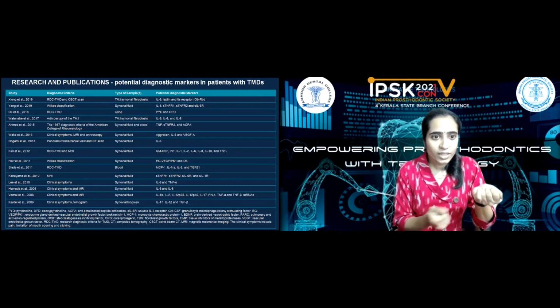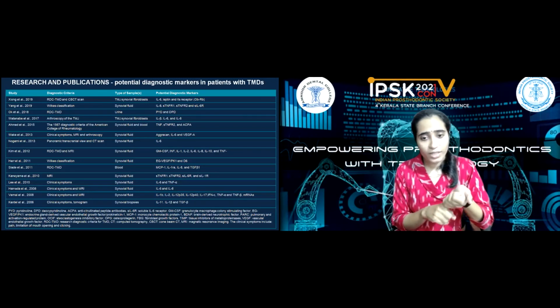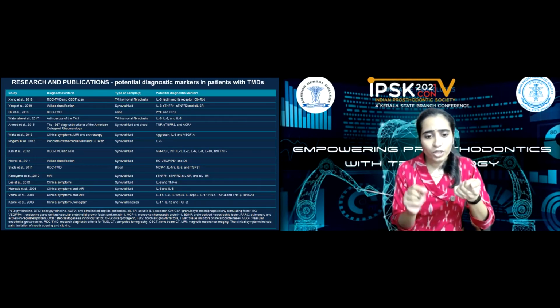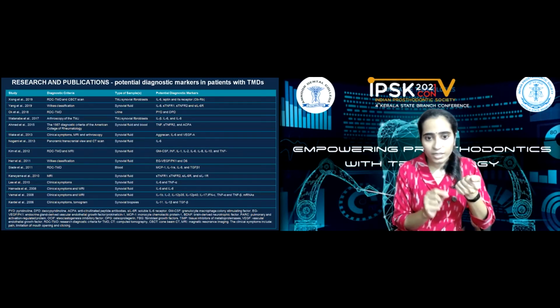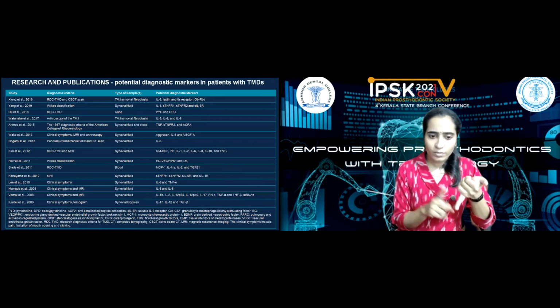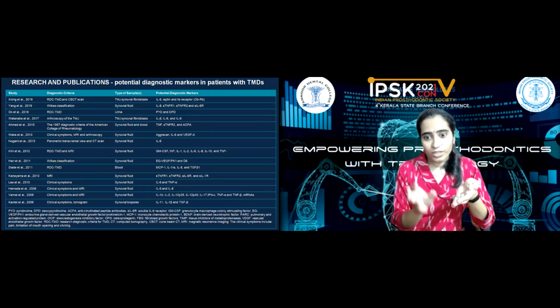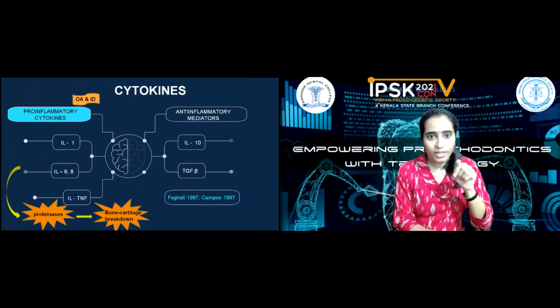So diagnostic criteria has been used, different techniques of arthroscopy, imaging, all that has been used. And the most commonly used sample is the synovial fluid. And the potential diagnostic markers include IL-1, 6, 8, 10, TNF alpha, and all that. Among these, the most commonly used biomarkers are the cytokines. What are these cytokines?